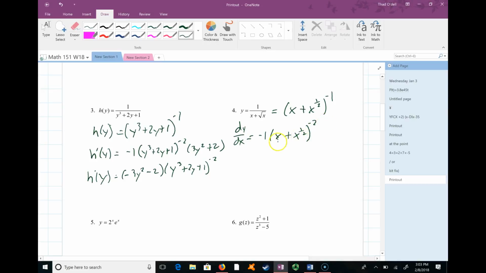And then the derivative of the inside would be 1 plus 1/2 times x to the negative 1/2. And again, I could probably distribute that through, so I would get negative 1 minus 1/2 x to the negative 1/2, times x plus x to the 1/2, to the negative 2.